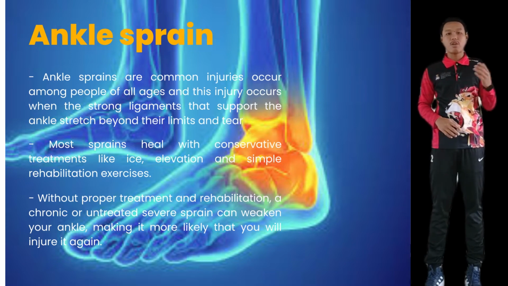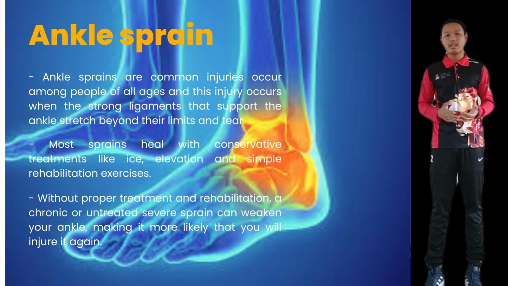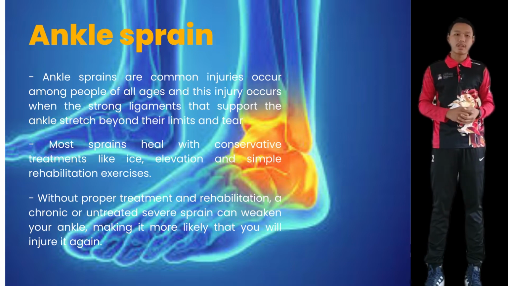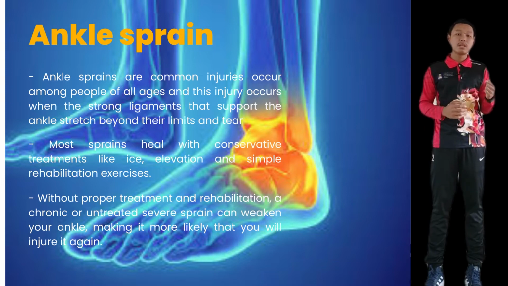The severity of a sprain can vary greatly depending on the number of ligaments involved and the extent to which the ligaments are torn. Most sprains heal with conservative treatments like ice, elevation, over-the-counter medication, and simple rehabilitation exercises.